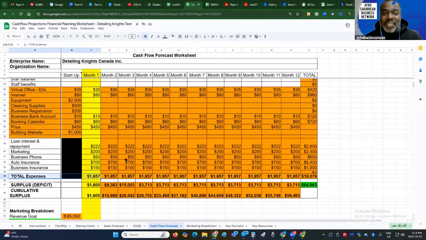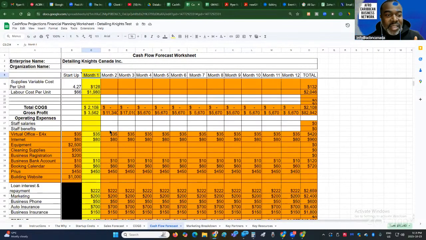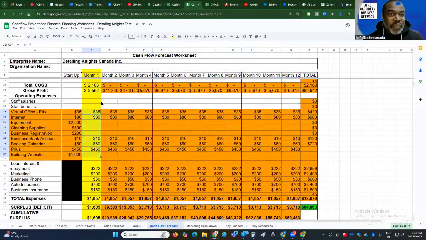So the expenses are a combination of the startup costs. So we were calculating our startup costs. You'll see it's in a different column because this is actually to get the business going. But then we need to see what are all the costs that are going to happen month to month. So this highlighted yellow section is now the monthly cost that you're going to have every single month.